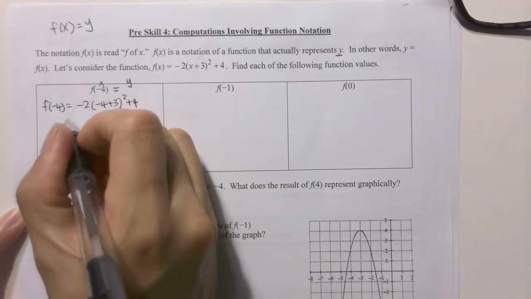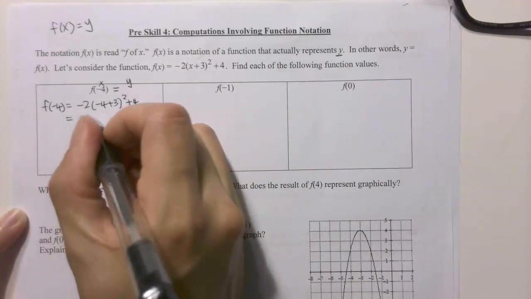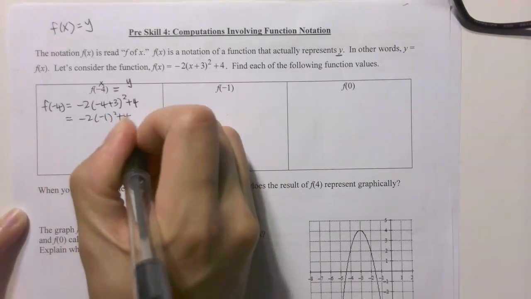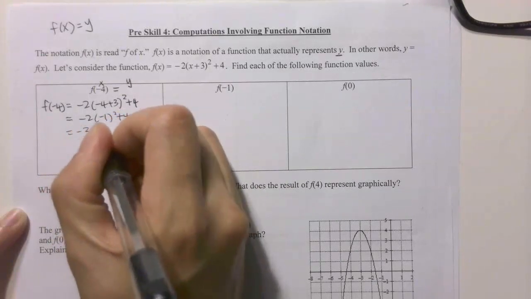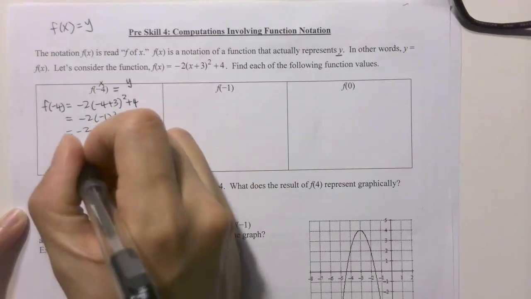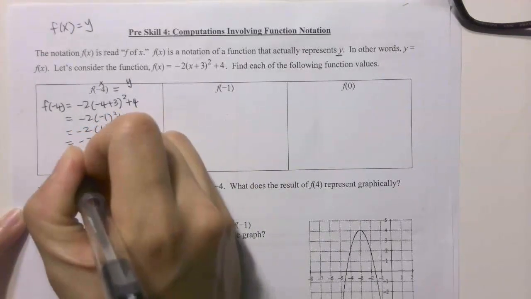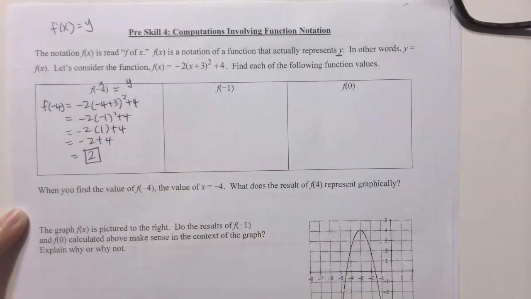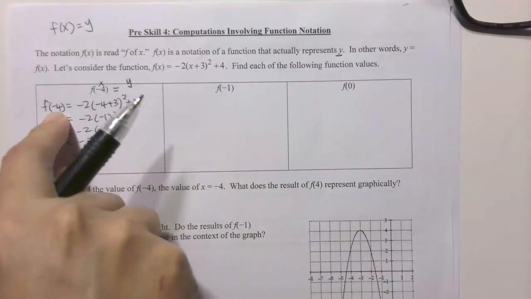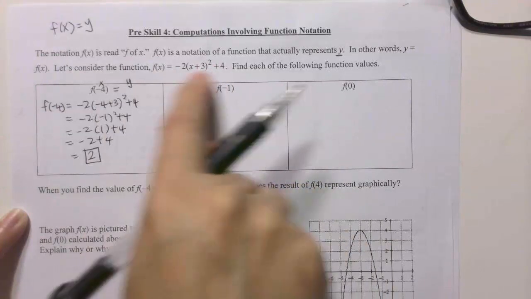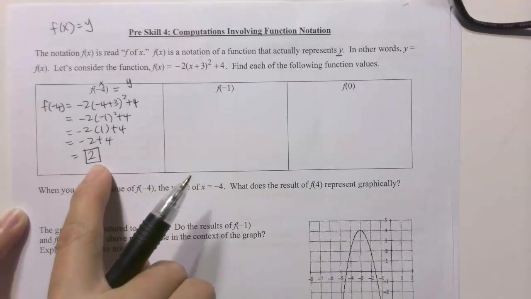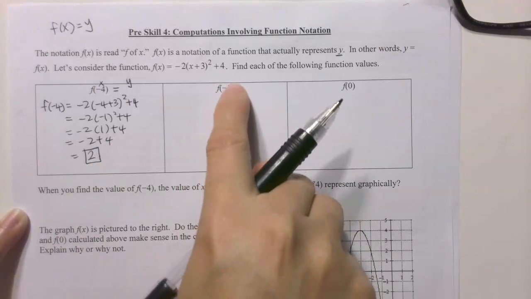Do PEMDAS: parentheses, exponent, multiply to get the y value of 2. So when x is -4 and you plug into the function f, your y value is going to be 2.